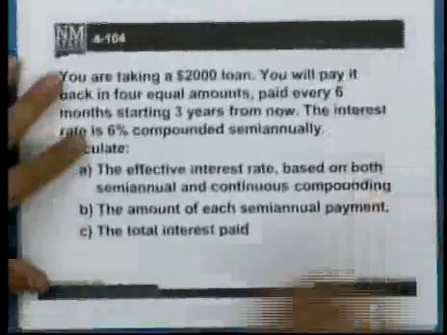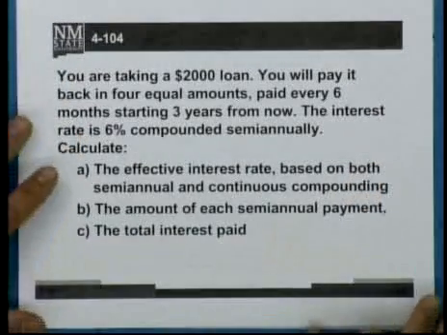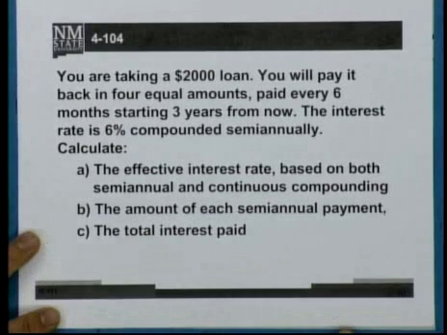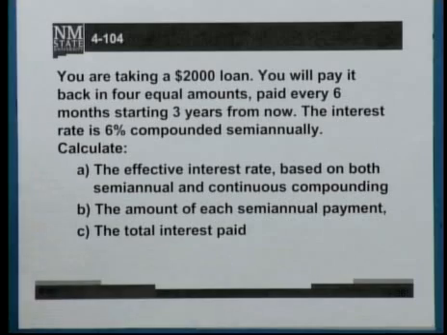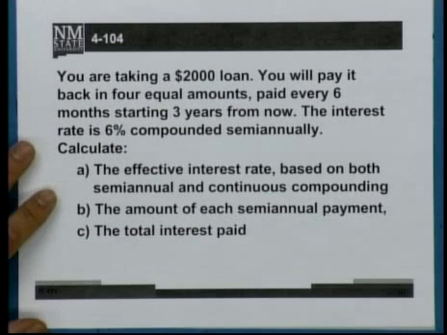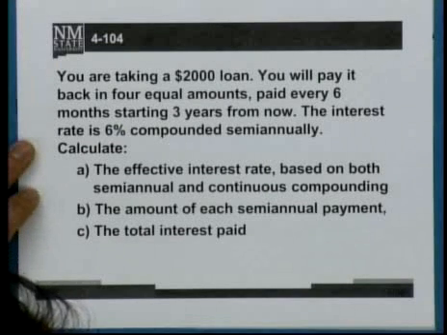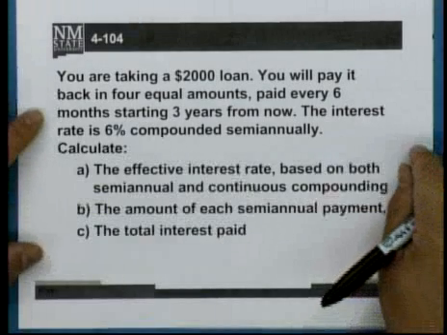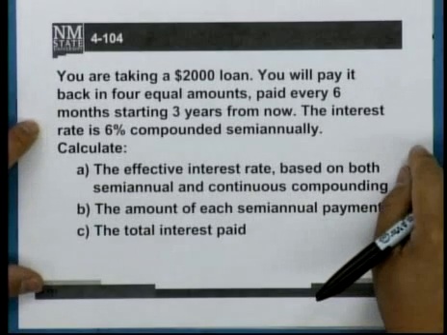Okay, now let's go back to chapter 4, end of chapter problem, which is problem number 4-104. So you are taking a $2,000 loan. You will pay it back in 4 equal payments, paid every 6 months starting 3 years from now.